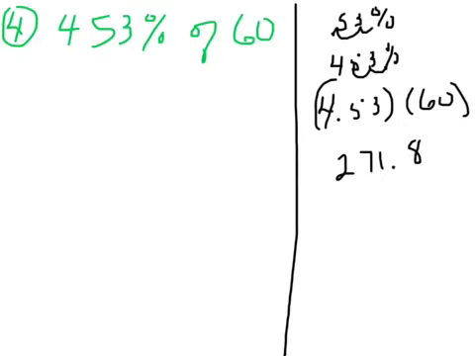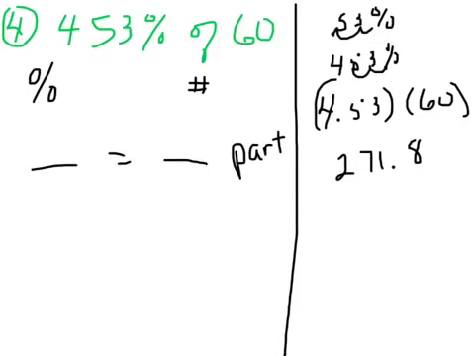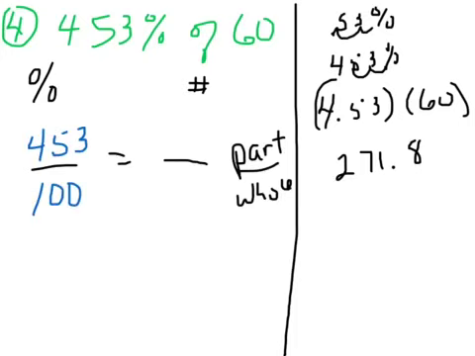271.8. If you're using the ratio method, though, remember it's always the same way that you set it up. You've got numbers, you've got percents. You're going to make 2 fractions equal to each other, and you're thinking the part out of the whole. The percent part is easy. You just take that number and put it over 100. So we get rid of it first, 453 over 100. I don't even have to worry about moving a decimal place because I know a percent means put that over 100.